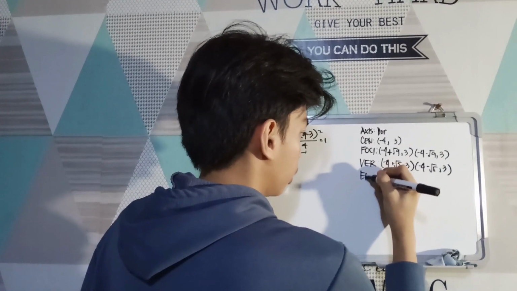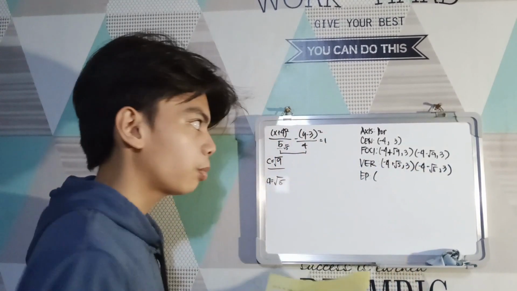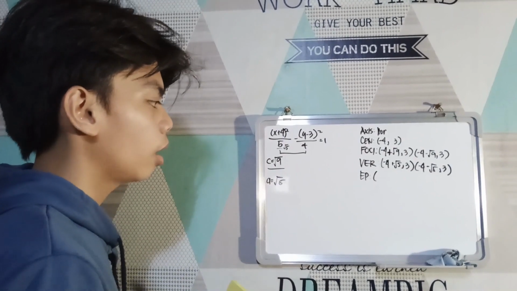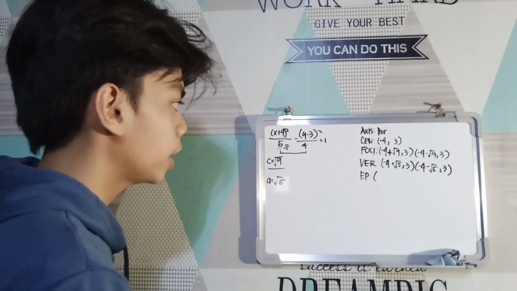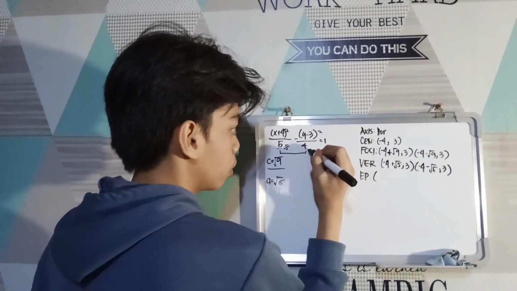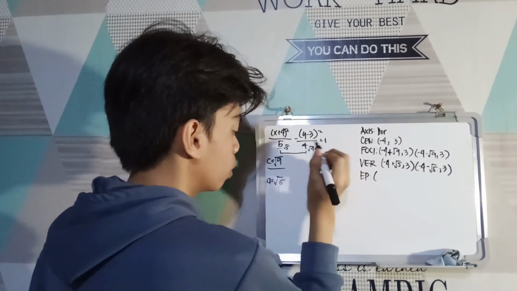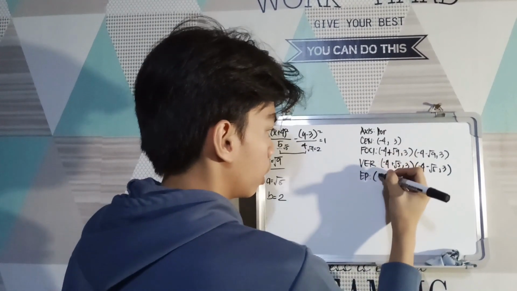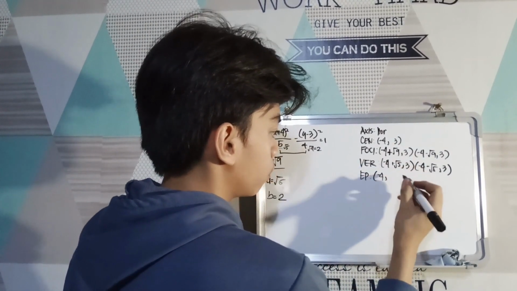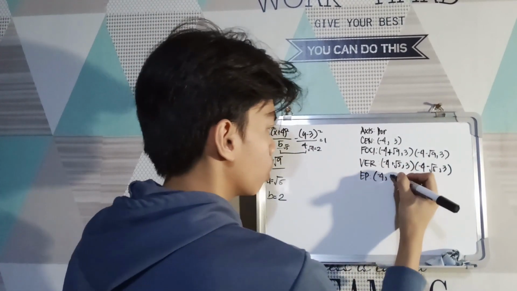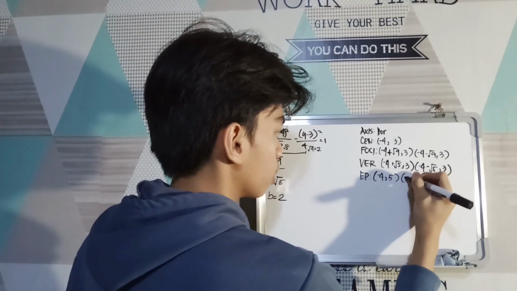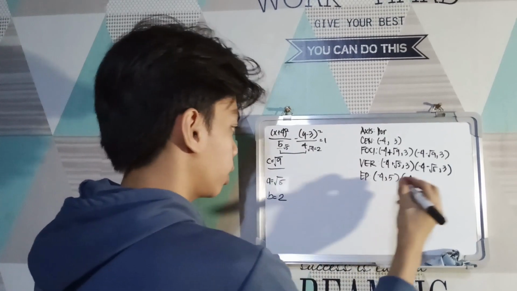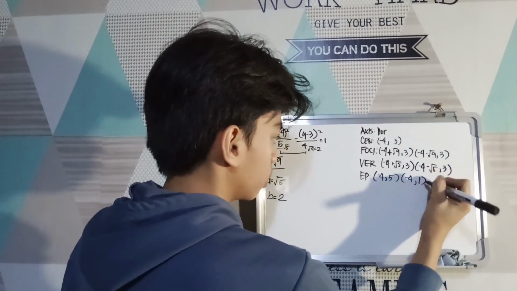Next is yung endpoint. Ang endpoint naman sa horizontal, h, comma, k, plus or minus b. So, ang b natin is itong 4. So, square root of 4 is equals to 2. So, b natin is equals to 2. Copy h, negative 4, comma, 3 plus 2, 5. So, copy ulit negative 4, comma, 3 minus 2, 1.